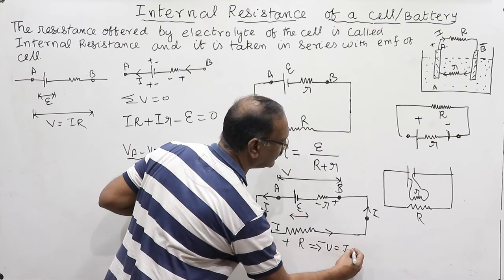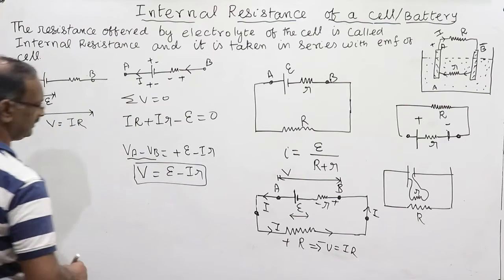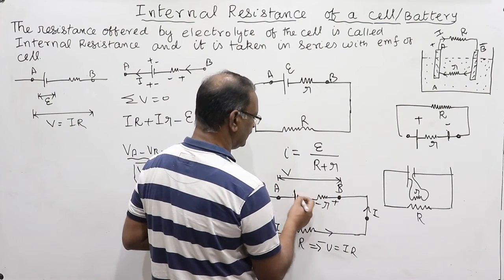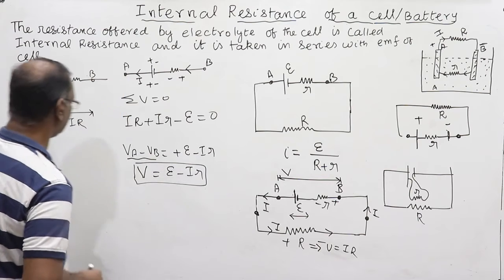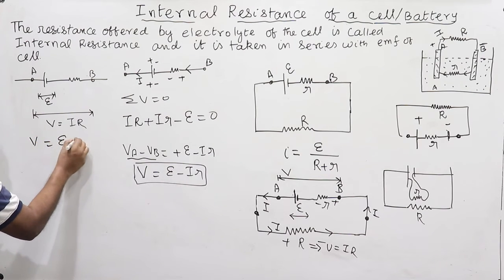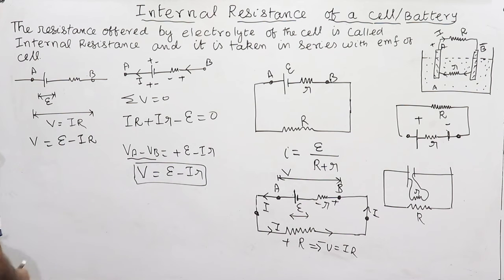V is equal to IR, the terminal potential, that is the potential between the two terminals of the battery.